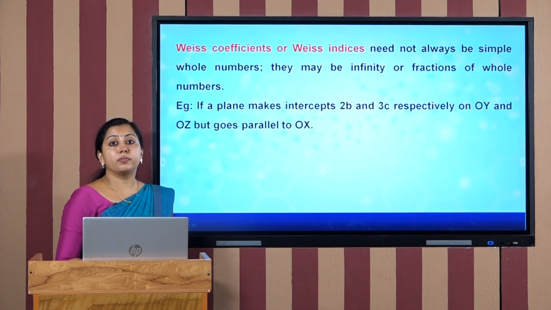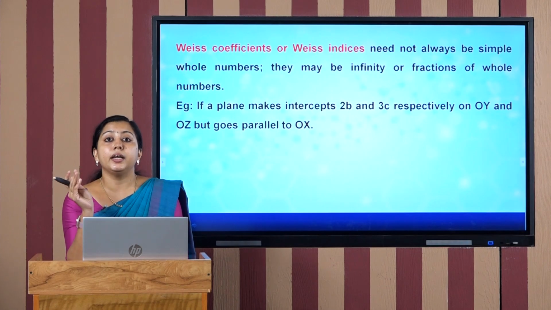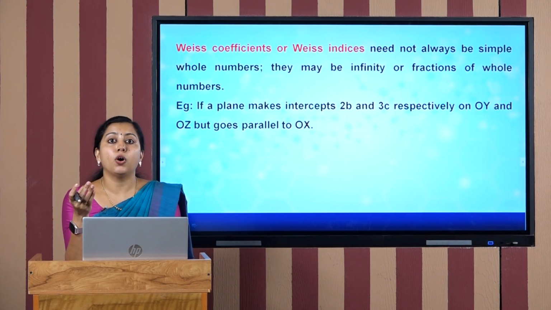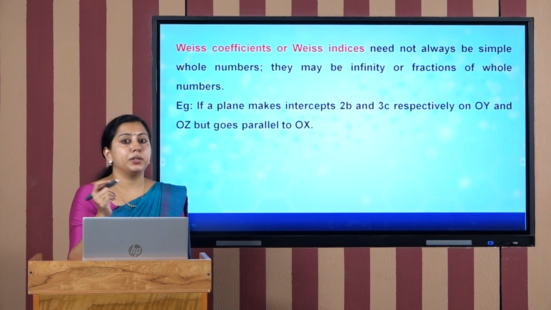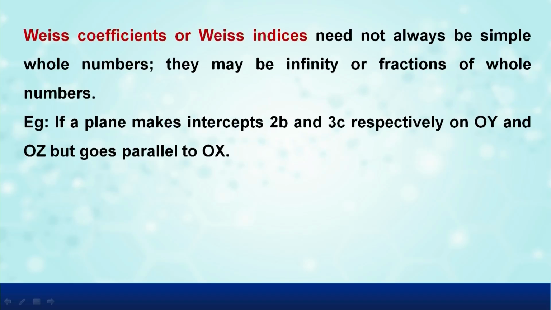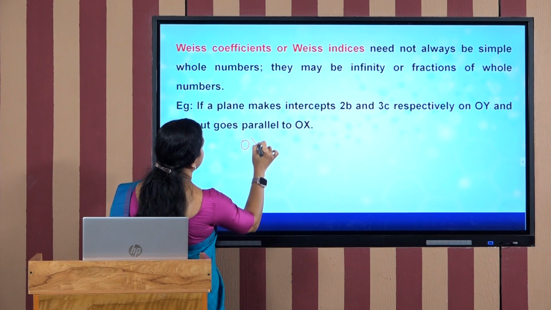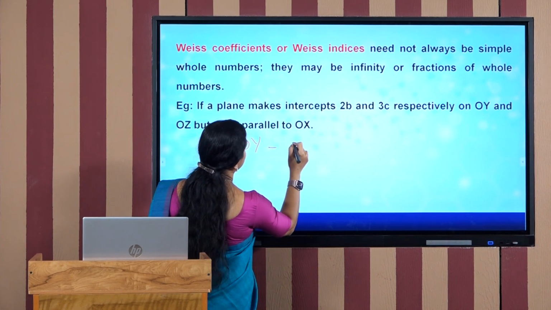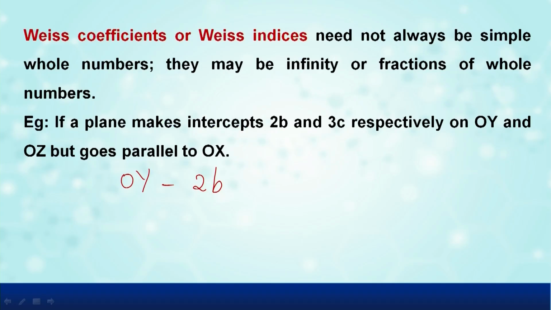These Weiss coefficients or Weiss indices, as I said earlier, need not always be simple whole numbers. They can also be infinity or fractions. For example, suppose a plane makes intercepts 2B and 3C respectively on OY and OZ, but goes parallel to OX. Let us determine the coefficients. It is given that on the OY axis, it makes an intercept of 2B.